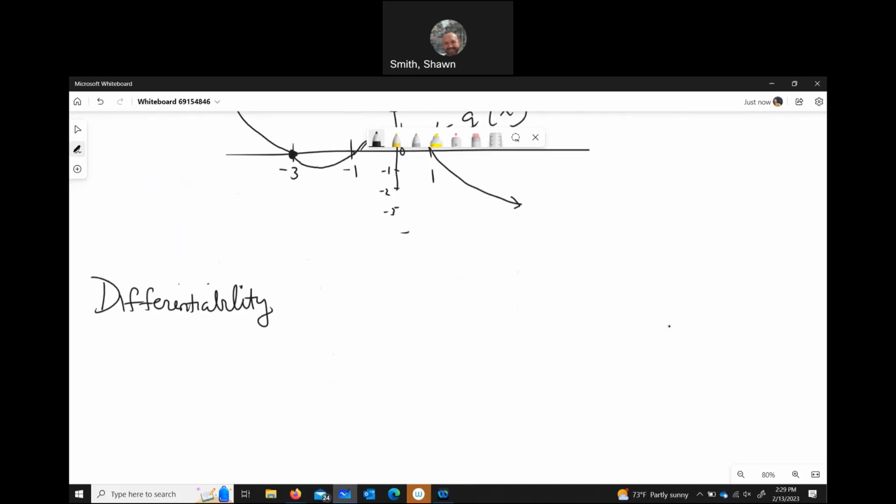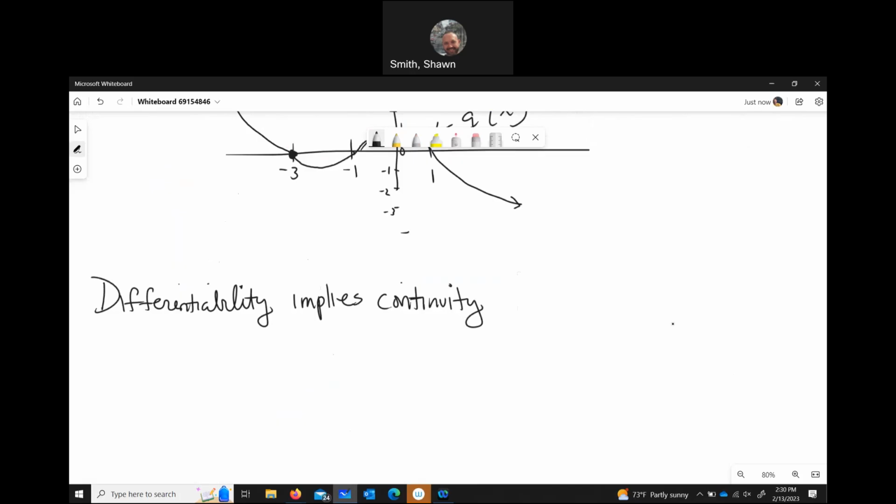Differentiability and continuity. Differentiability implies continuity. So for the derivative to exist, the function has to be continuous.